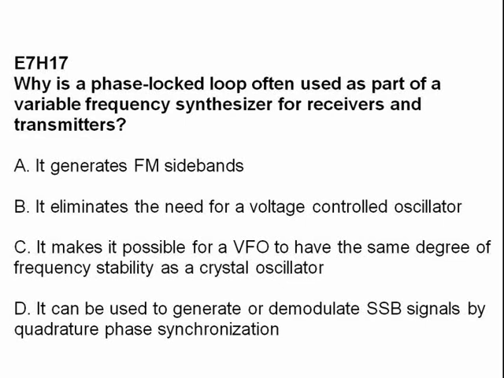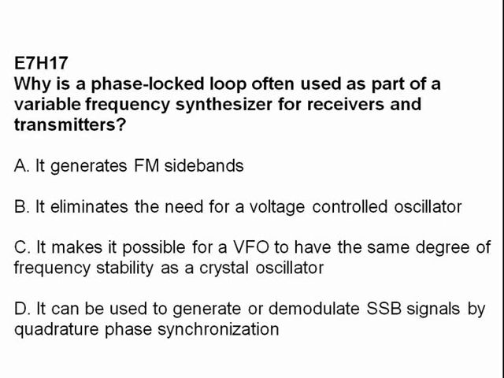Why is a phase lock loop often used as part of a variable frequency synthesizer for receivers and transmitters? A, it generates FM sidebands. B, it eliminates the need for a voltage-controlled oscillator. C, it makes it possible for a VFO to have the same degree of frequency stability as a crystal oscillator.